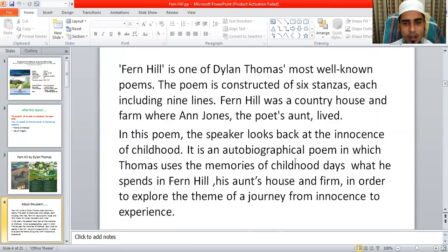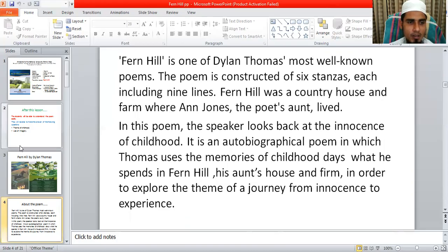Dylan Thomas uses the memories of his childhood days in Fern Hill, his aunt's house and farm, to explore the theme of a journey from innocence to experience. Mainly, he writes this poem for that.